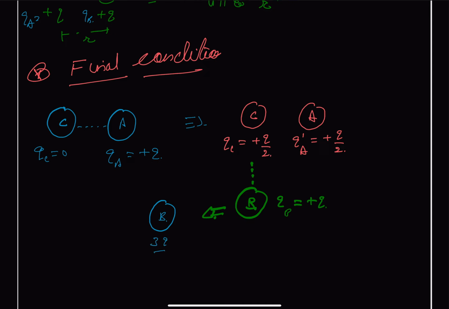Let us suppose this is QB prime, and QC prime will be having a charge of 3Q by 4.